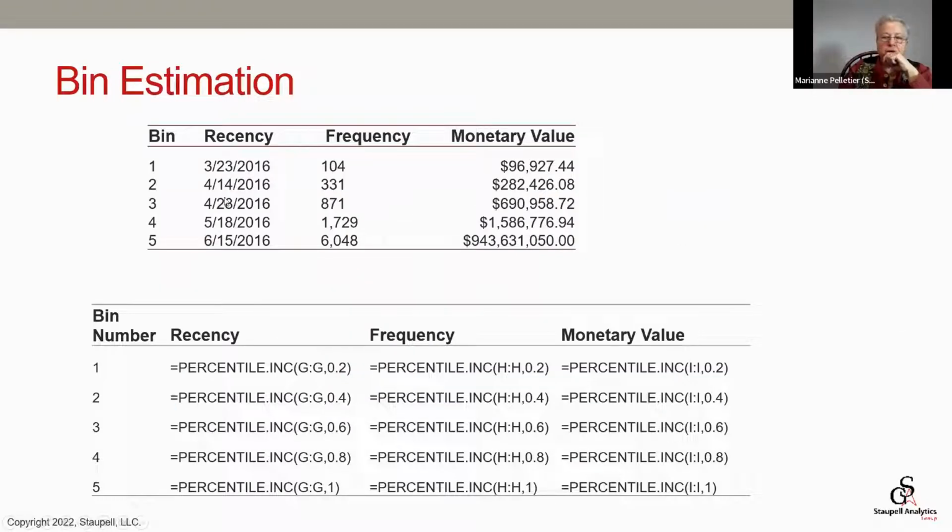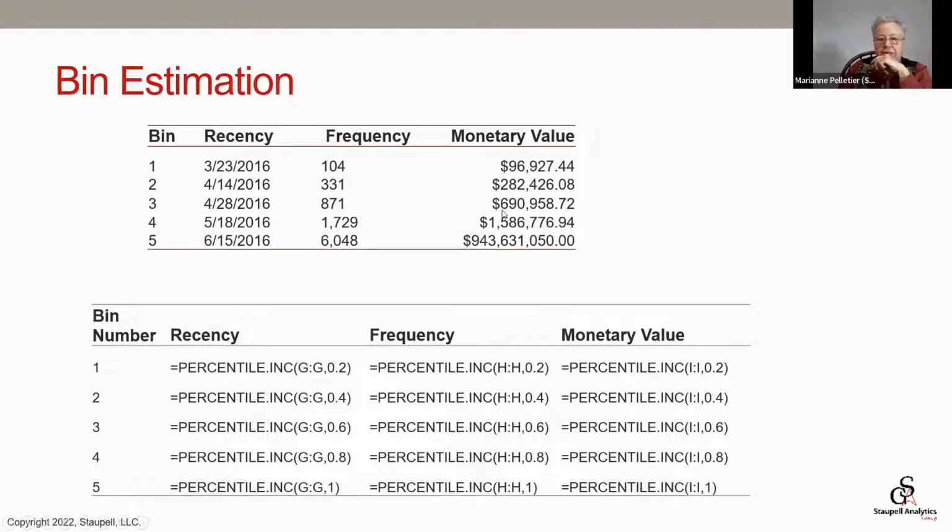Okay. And then when I do the bin estimation, these are the percentiles. You can freeze this video right here when you rewatch it. This is the percentile, including the range from the pivot table. Then the 20th percentile, 0.2. Then frequency, that's the next one, column H, 0.2, which is 20%.